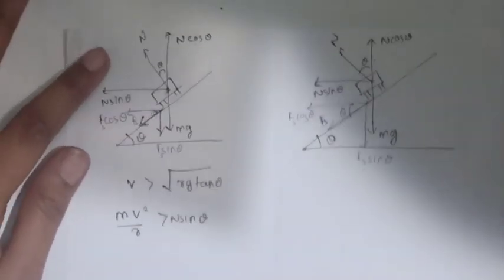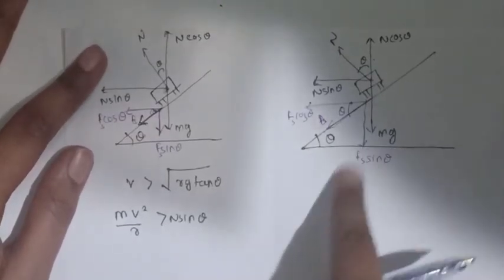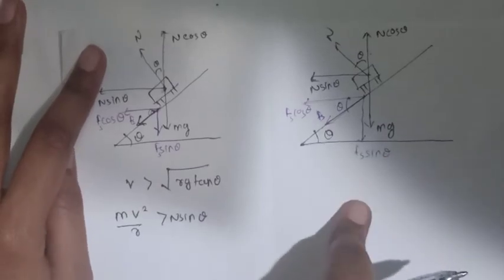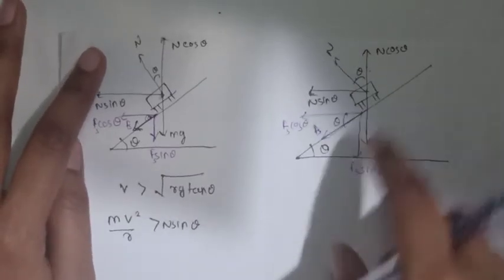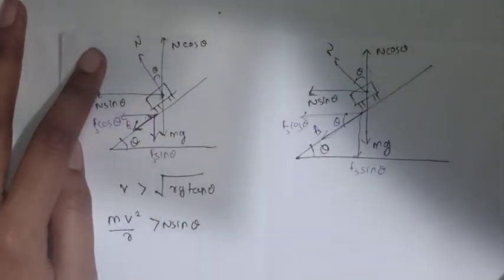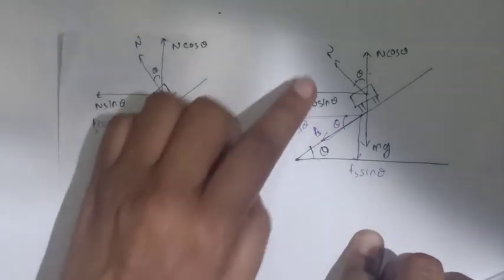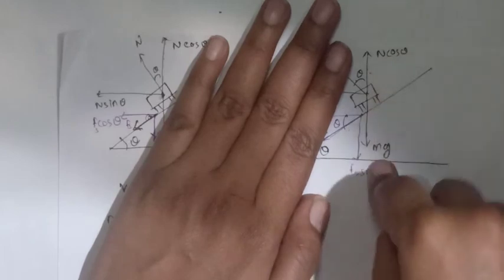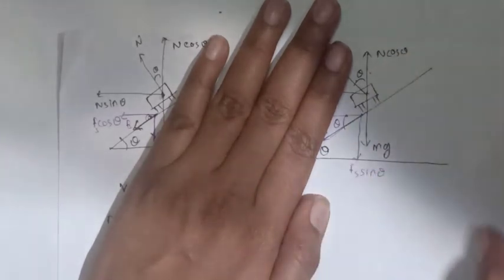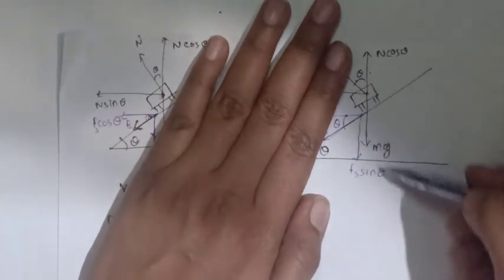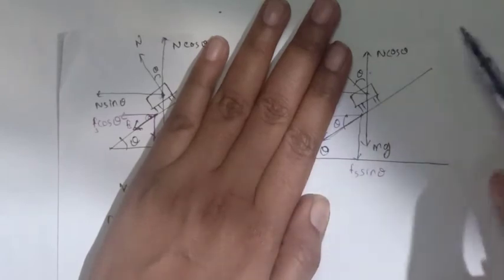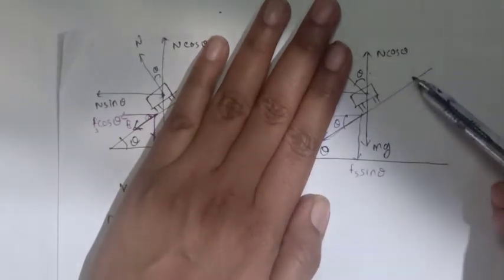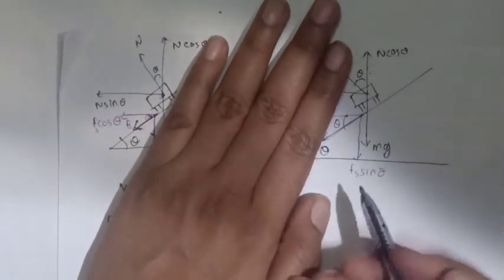The vertical components balance the weight of the vehicle. What are the vertical forces acting? Just hide the horizontal ones, and you will find the vertical forces are only these. In this direction these two are working, and in that direction this one. How are you going to write this equation?